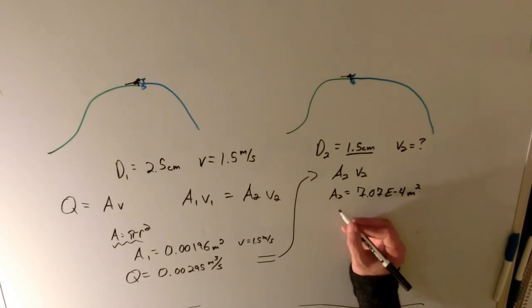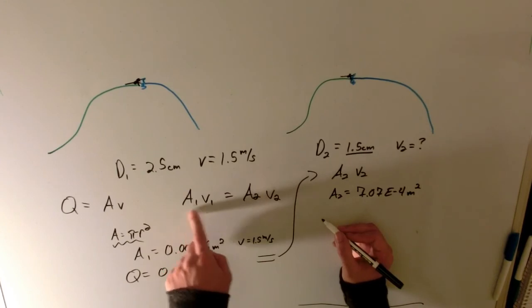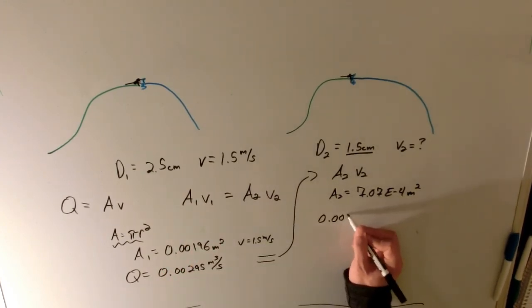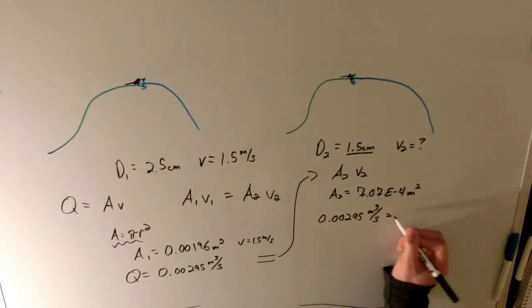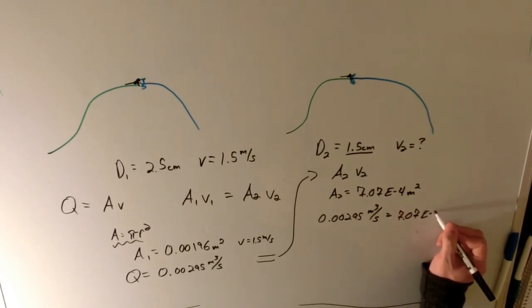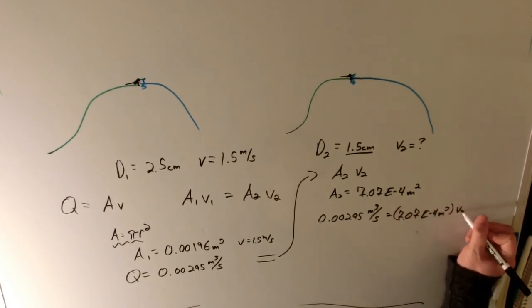Okay, so I know that my flow rate here, which is area 1 times velocity 1, that's 0.00295 cubic meters per second, equals 7.07 times 10 to the negative fourth square meters times velocity 2.